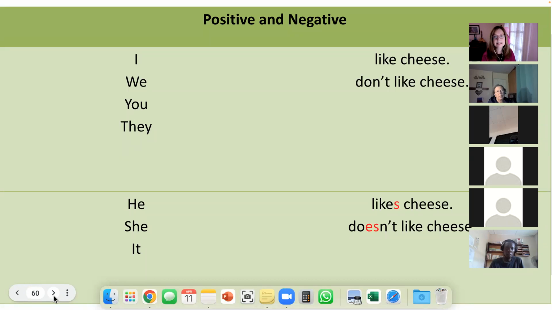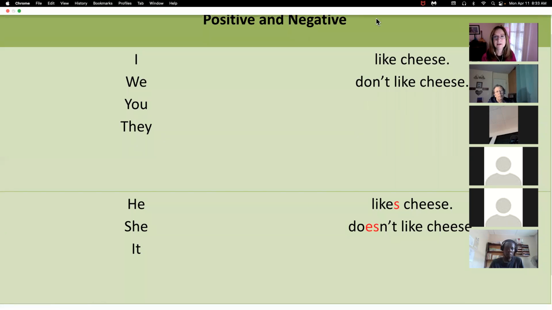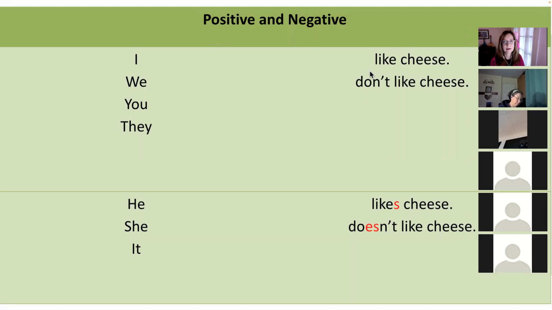Now, here is an example using positives and negatives in the simple present tense. Here we are using the verb like. So if it's I, we, you, or they, I like cheese. We, you, they like cheese. Or for the negative, we just put don't in front of it.